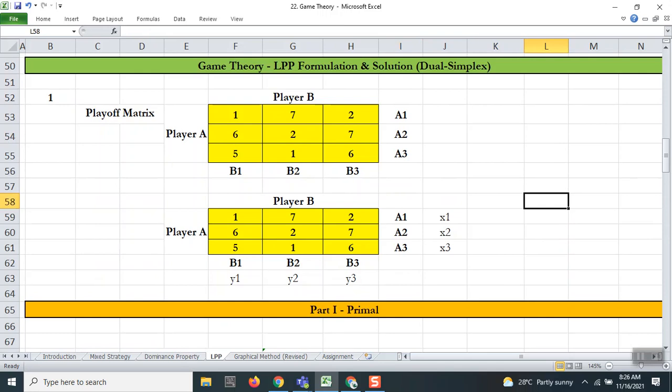But in a real-life scenario, when you have many variables or decisions, say a 10 by 10 matrix, like in digital assignment number 3, or a 20 by 20 or 50 by 50 matrix, then you can use computers to solve this game theory problem using the linear programming approach. So this is another approach.